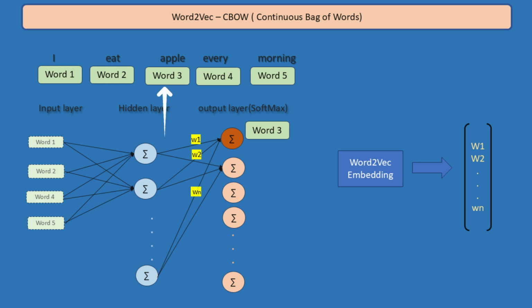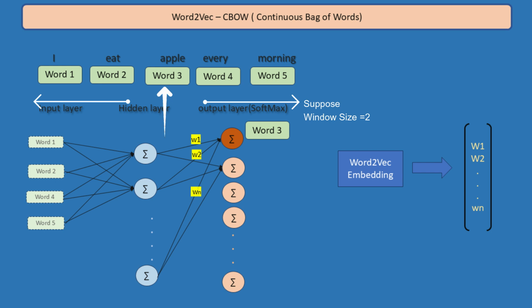There is one more parameter that we need to define, that is the window size. Suppose we have taken a window size of 2. This means for surrounding words we will take 2 words to the left of apple and 2 words to the right of apple.